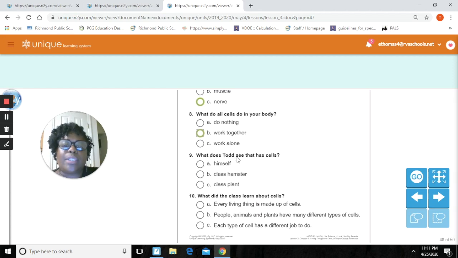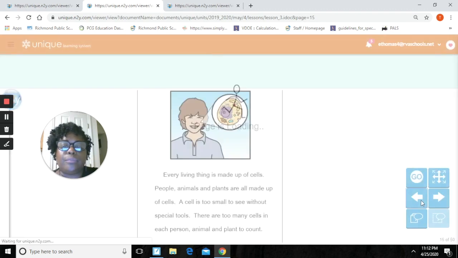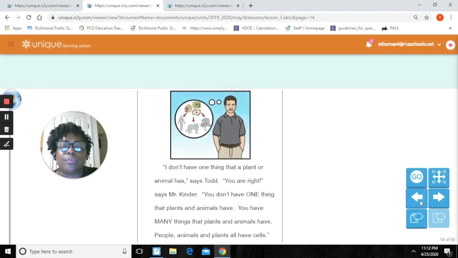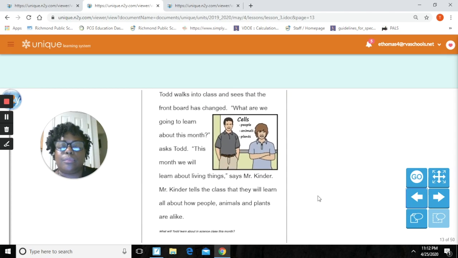It says here, what does Todd see that has cells? A, himself. B, class hamster. Or C, class plant. Let's use our story to come up with that answer, right?